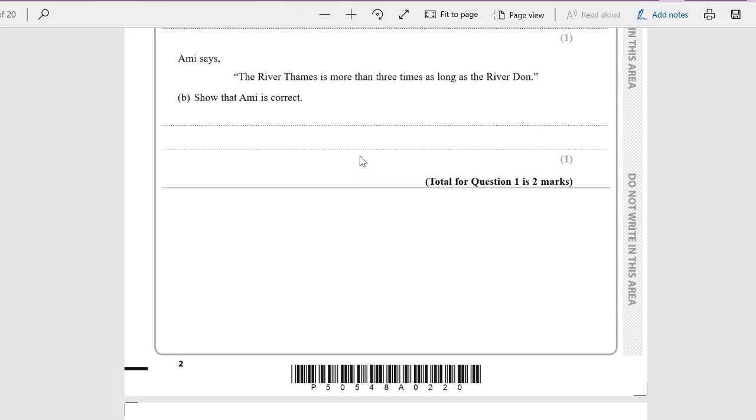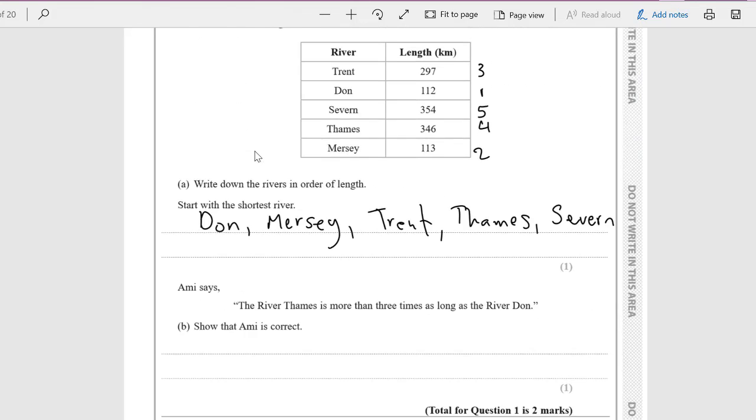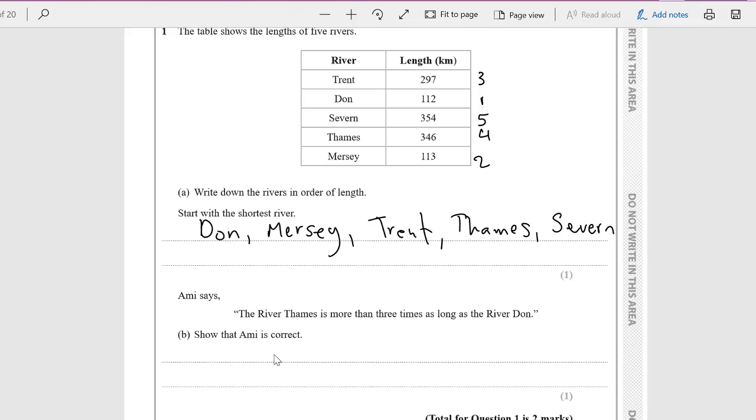Amy says the River Thames is more than 3 times as long as the River Don. So show that Amy is correct. So the River Don is 112. Times that by 3, you get 336.